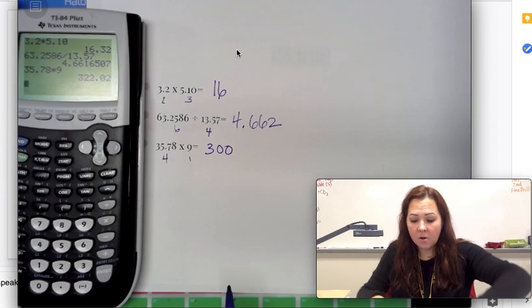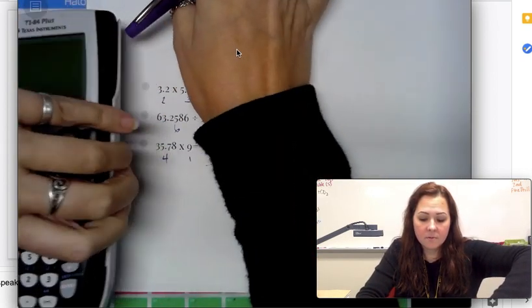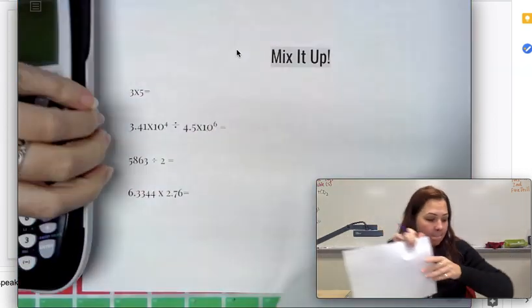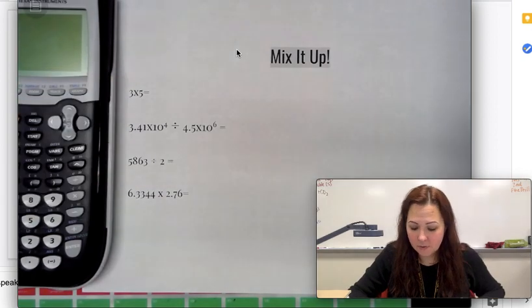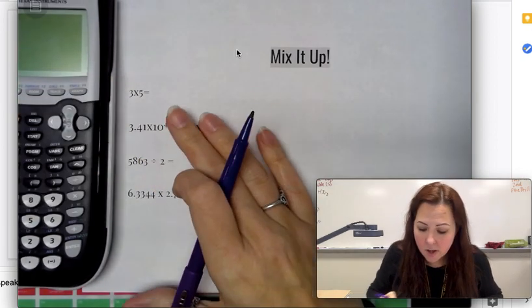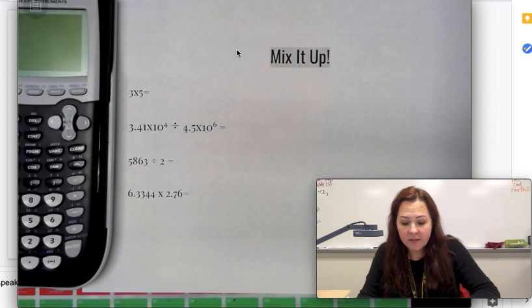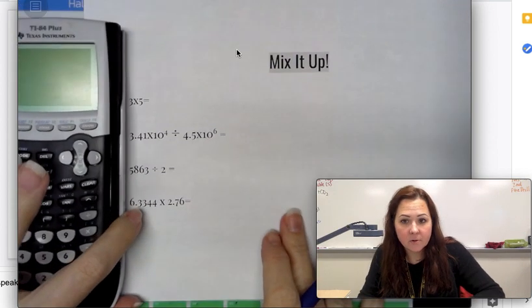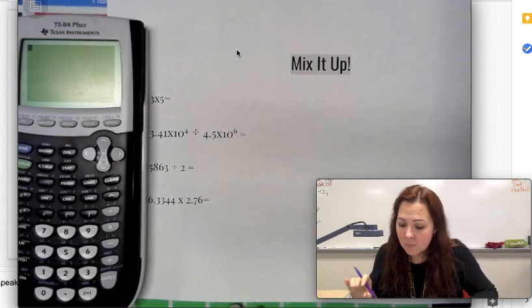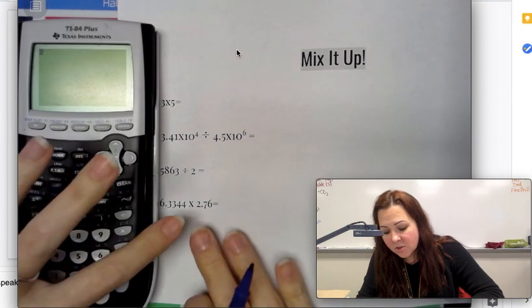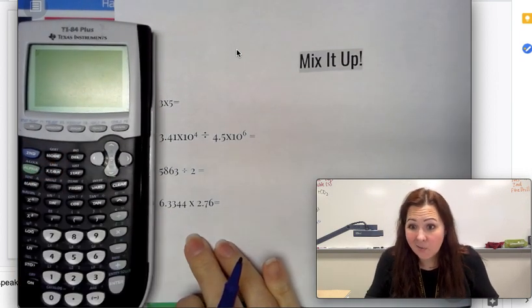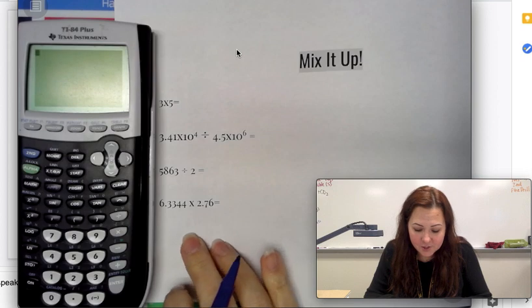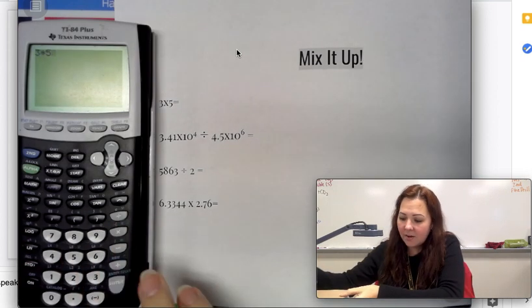Now to put this all together, some of these have scientific notation, some of them don't. But we're going to, again, use our calculator to do the problem. When we're looking at this, the first one says 3 times 5. I don't need a calculator to do that, but I'm going to show you what that looks like in your calculator.